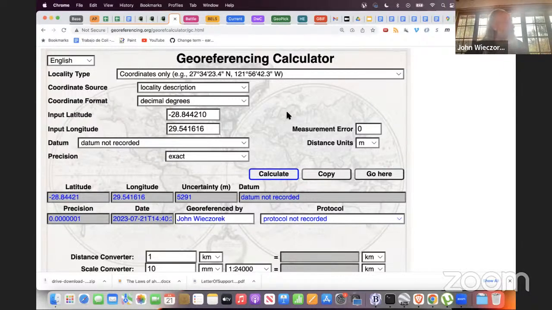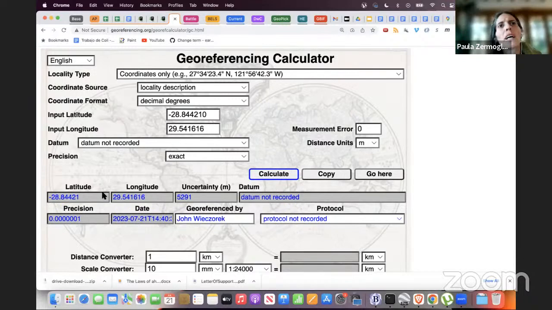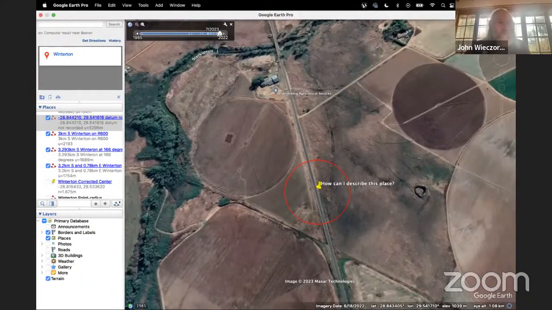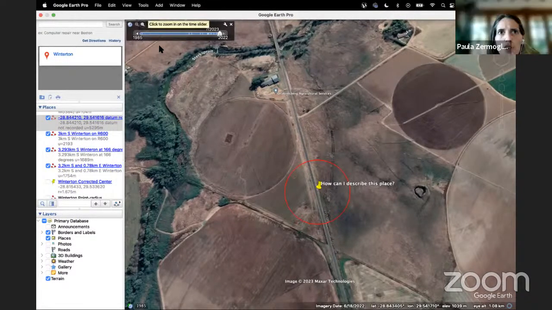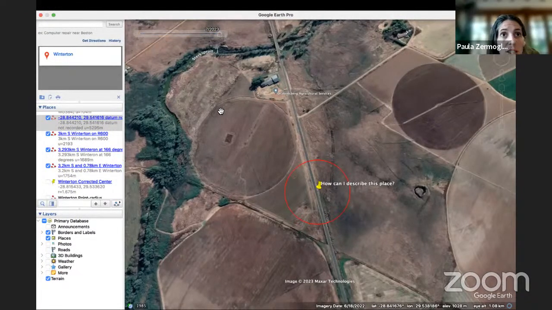One thing I would like to add is that while we georeference and we look for information in different sources, etc., we might find interesting information that clarifies what the location is about. But we don't have to modify the description, as John was saying.